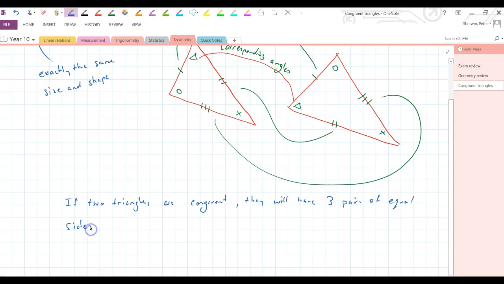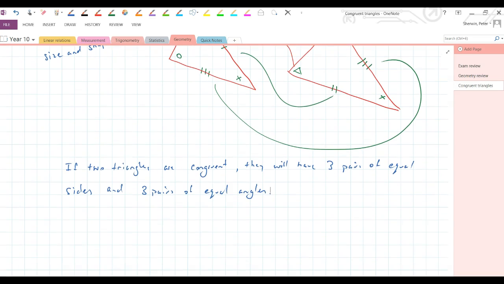Those sides are in corresponding positions. Three pairs of equal sides and three pairs of equal angles. So that gives us a total of 6 equal relationships, 3 sides and 3 angles.